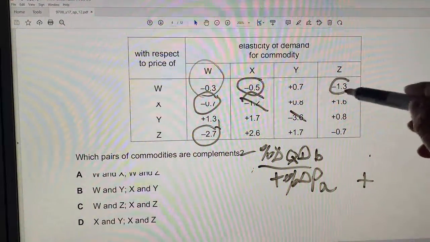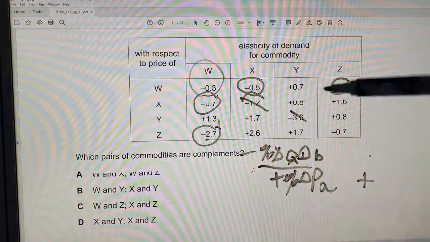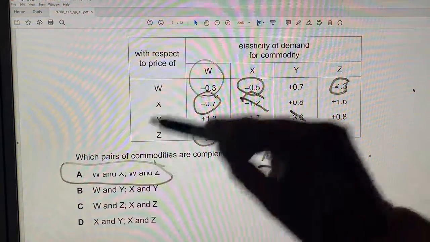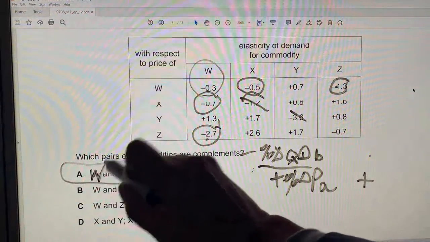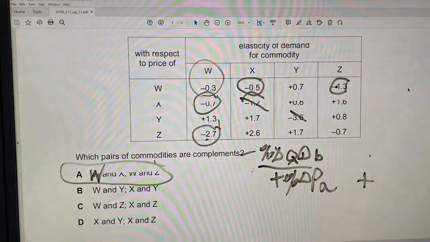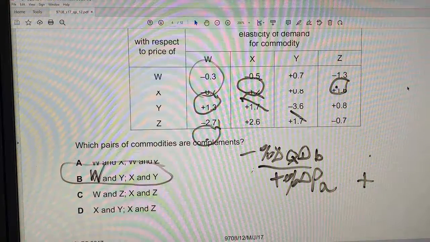W and Z. Oh, but this complements this. So the answer is W and X and W and Z. That's a W. I don't know why it cuts off the top of those lines. So answer for 7 is A.